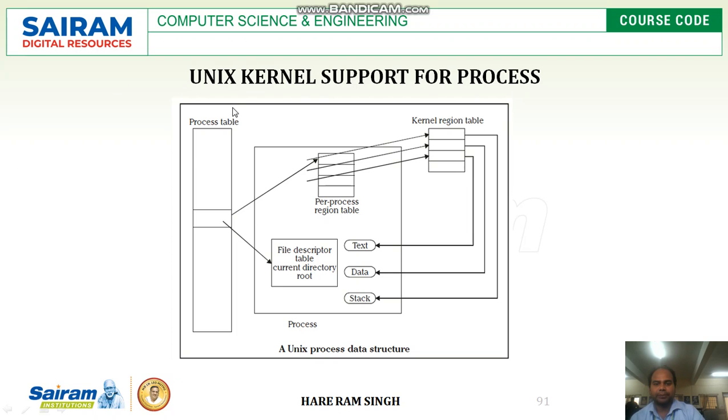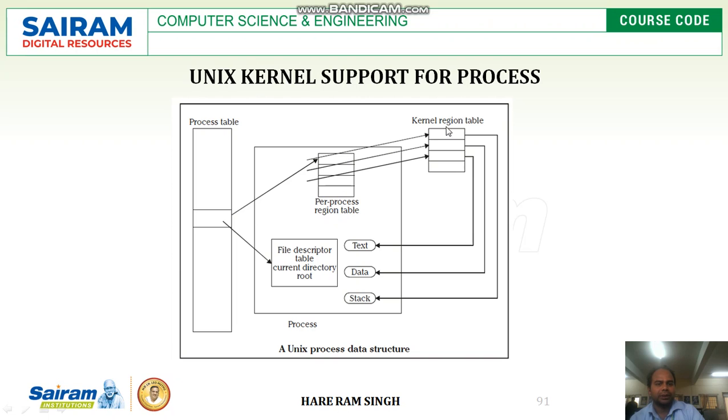So here you can see that the kernel maintains a process table in which all the active or running processes' information will be available. A process table holds the address of the per process region table and file descriptor table, current directory table, which is also called the U area.